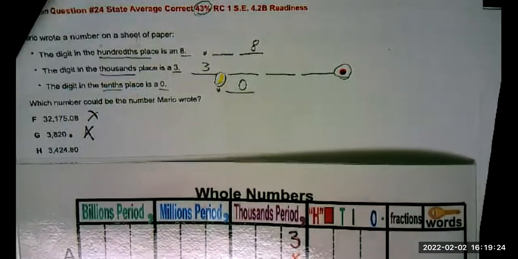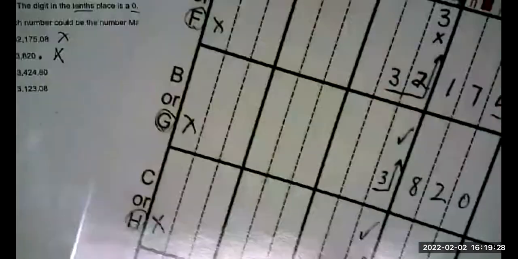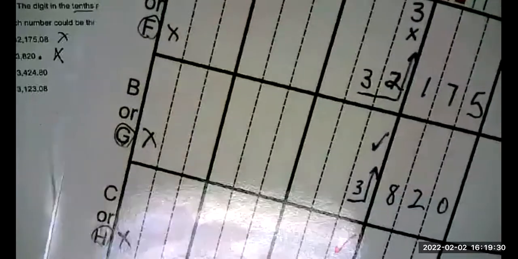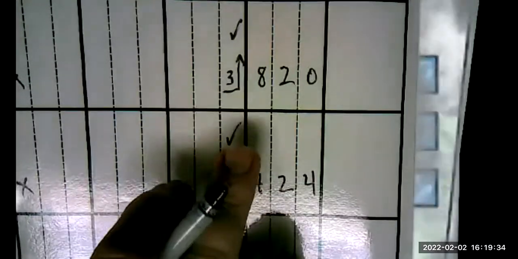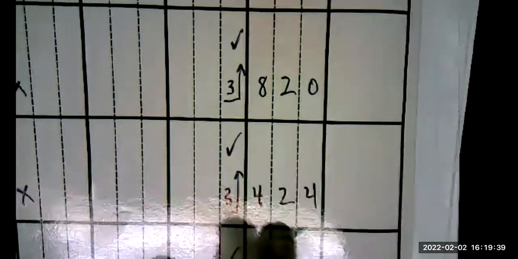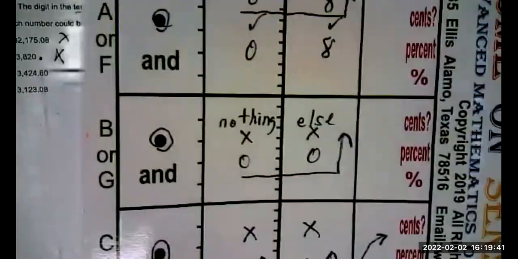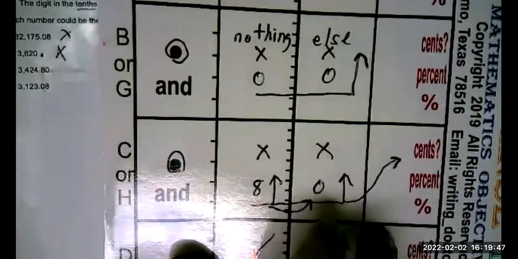3,424 and 80 hundredths. 3,000, did I mark? Oh, 424. So the 3 is correct. 3,000, you say the comma position. 424 to the decimal percent side, and it said 80 hundredths.